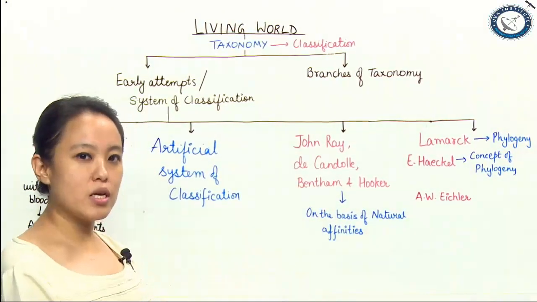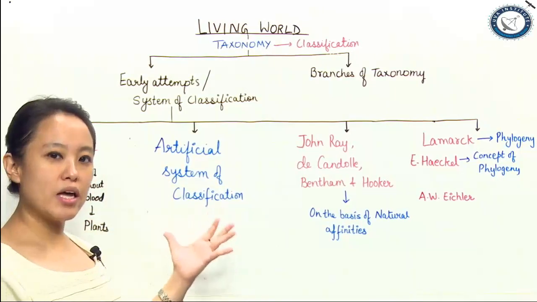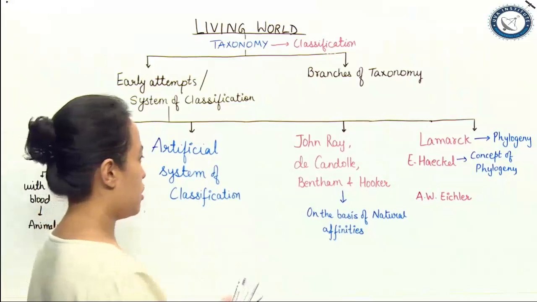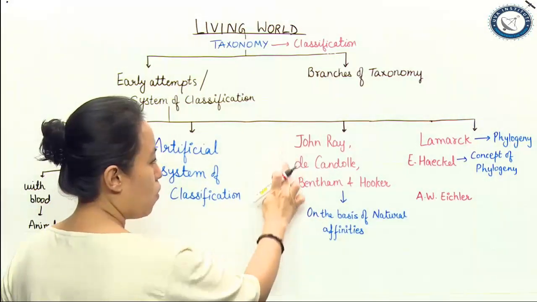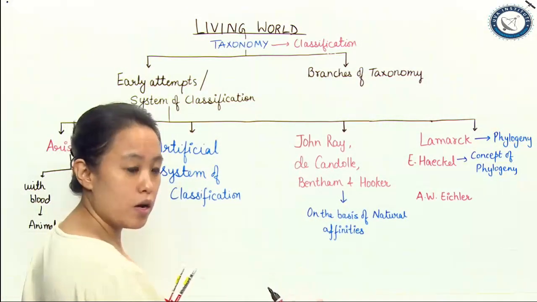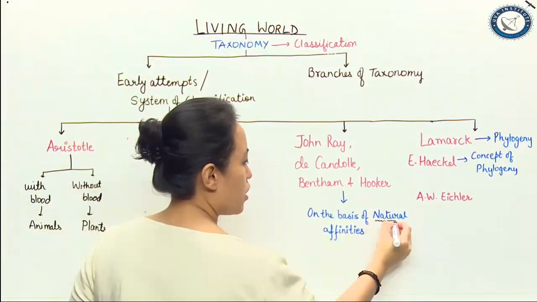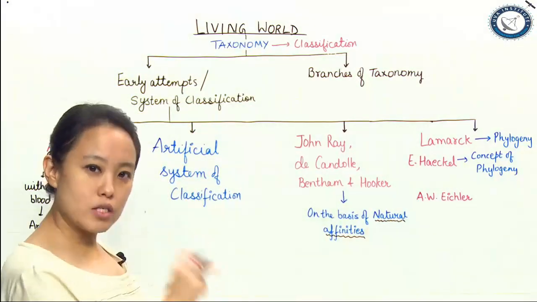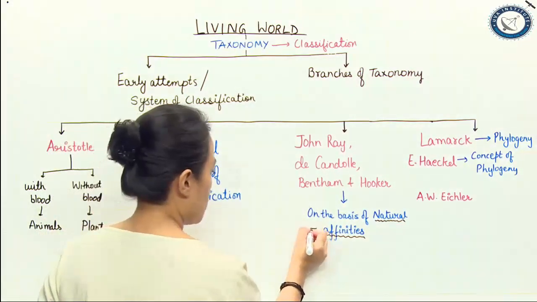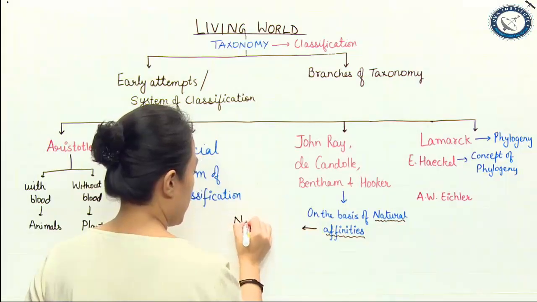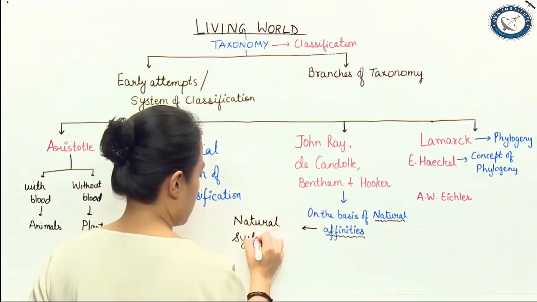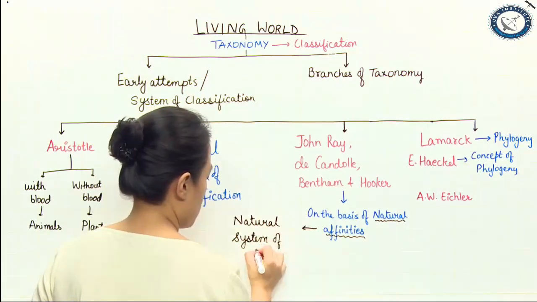These four scientists concluded all the information that they gathered from the previous scientists, and they all gave classification on the basis of natural affinities, and that is why this system of classification is known as the natural system of classification.